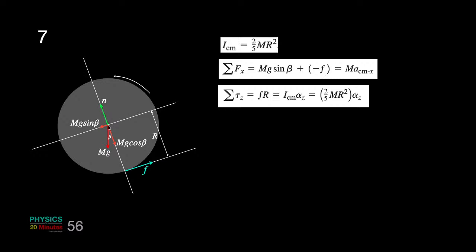About the center there is only one torque acting, and that is due to friction, which is F into R, where R is the lever arm. So Fr is equal to I alpha, put the I value here. Also, the equation that relates the linear acceleration and angular acceleration is a is equal to R alpha.